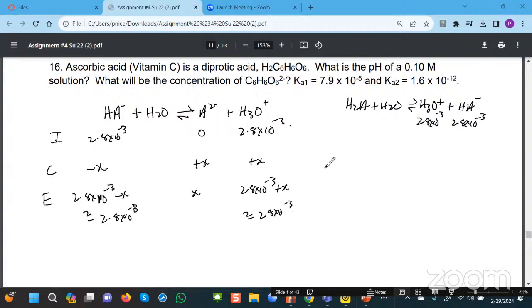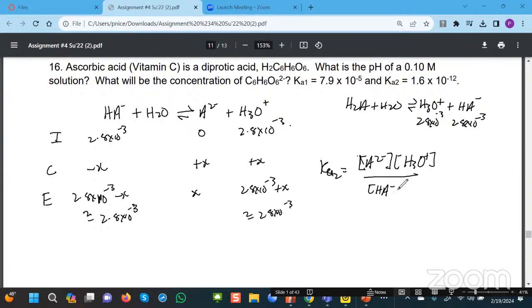So when we write down the Ka2 expression, that's going to be equal to the concentration of A2 minus times the concentration of hydronium divided by the concentration of HA minus.